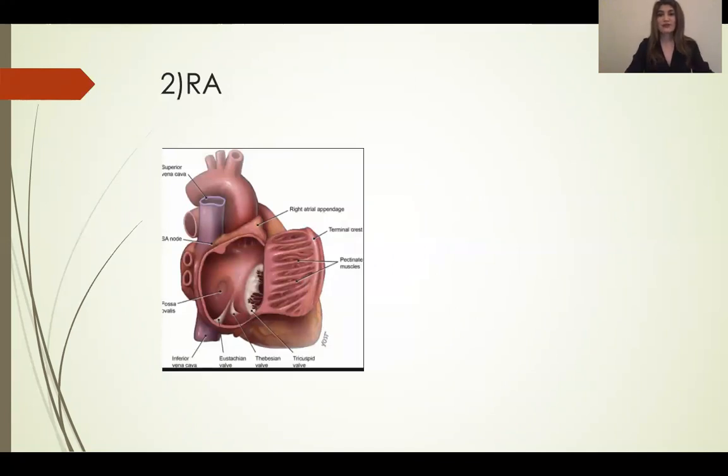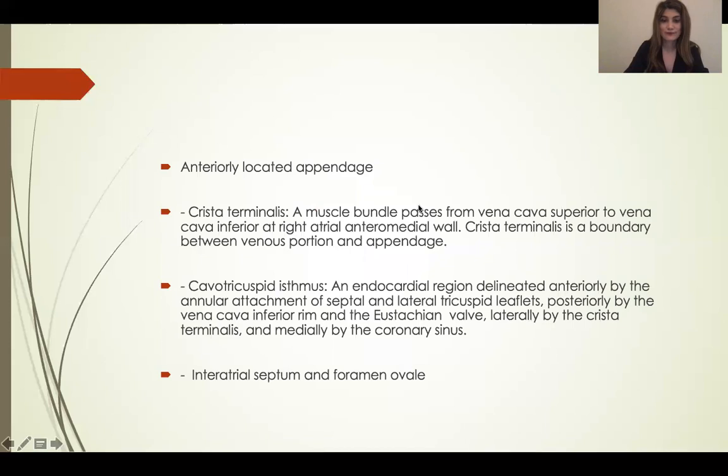Right atrium. The right atrium has many structures and embryologic remnants like pectinate muscles, Chiari network, Eustachian valve, and fossa ovalis. Crista terminalis is a boundary between the inferior vena cava and superior vena cava.